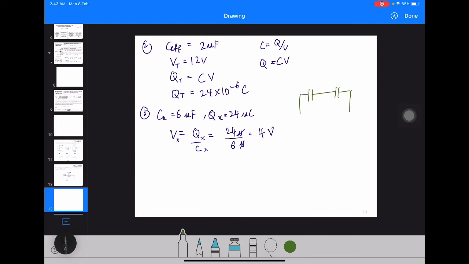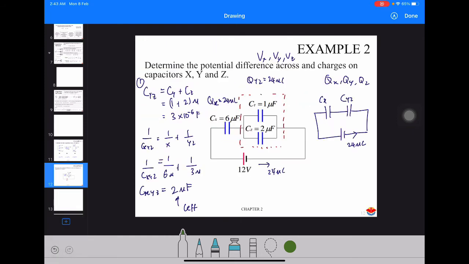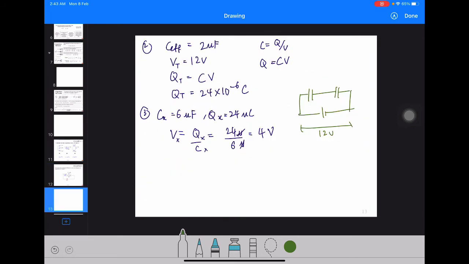So these 4 volts actually mean, I'll just redraw it over here, the one that I drew over there. Okay, so 12 volt represents the total from here to here. And you already calculated Vx to be 4 volt. So the remaining one would be Vyz, which is equal to 12 minus 4, which is equal to 8 volt.